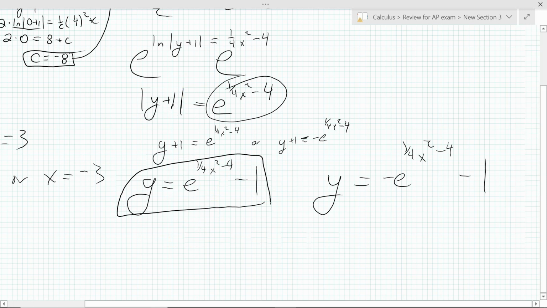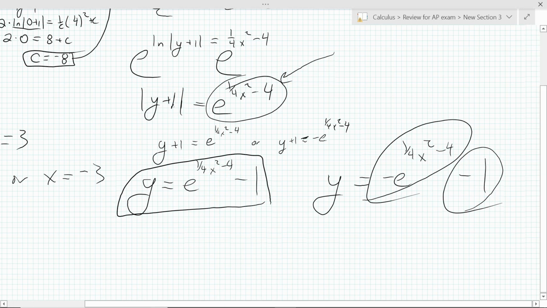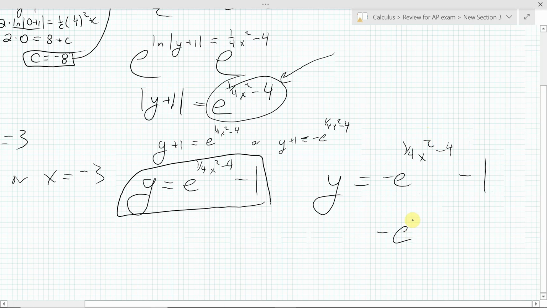And now, since this is always going to be a positive number, I know this is always going to be a negative number. Subtract 1 from that, how am I supposed to get a y value of 0? And in fact, you can see that here with the point, right? Because then this becomes minus e to the 0 minus 1.